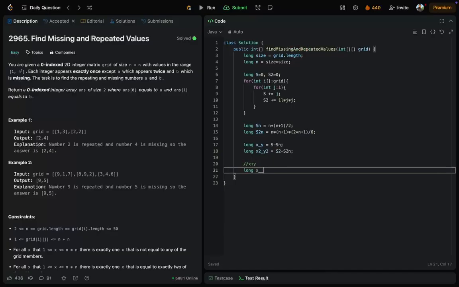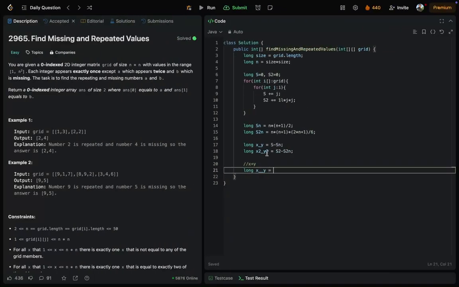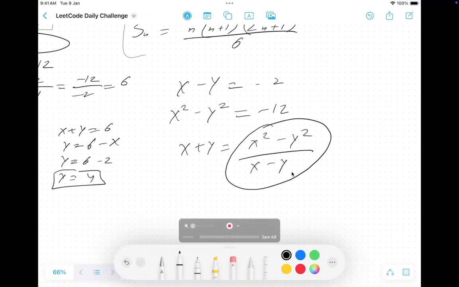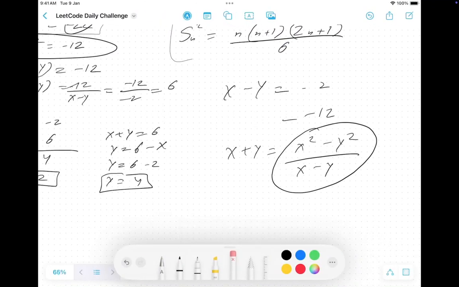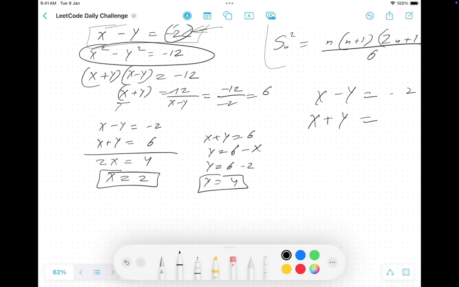Long x plus y can be written as x square minus y square divide x minus y. Okay, so we found our two equations.